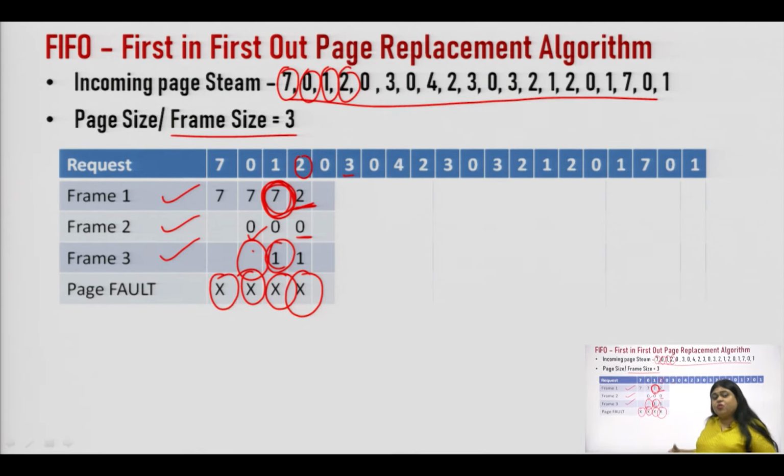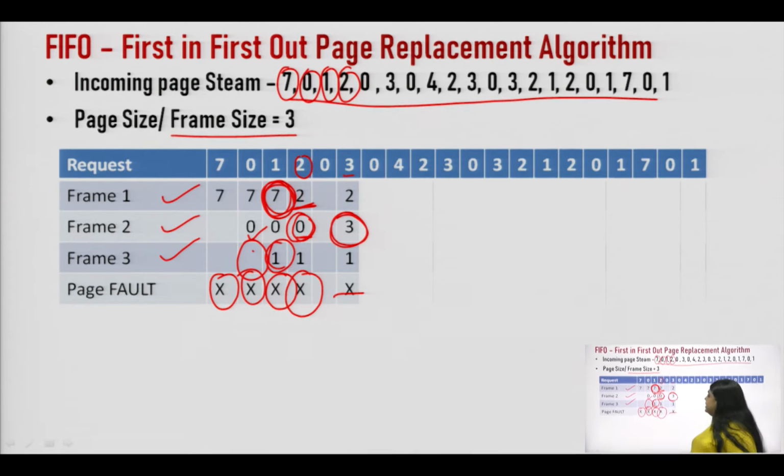Now, which is the oldest page in the memory? The oldest page over here now is 0. So, we are going to replace 0 by 3 now. So, you can see 3 has replaced 0 because it was the oldest page in the memory. So, again a page fault has taken place.